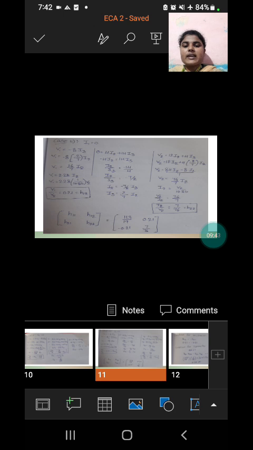v1 equals minus 8 i3, where i3 is written as minus 2 by 7 i2. v1 equals 16 by 7 i2, so v1 equals 2.28 i2.